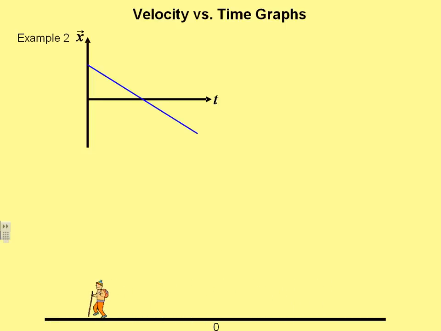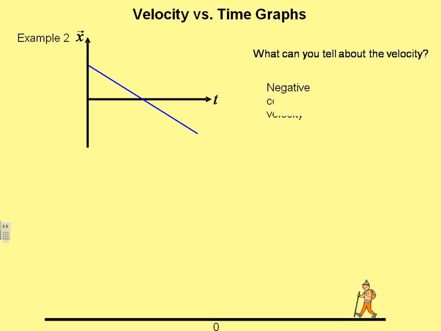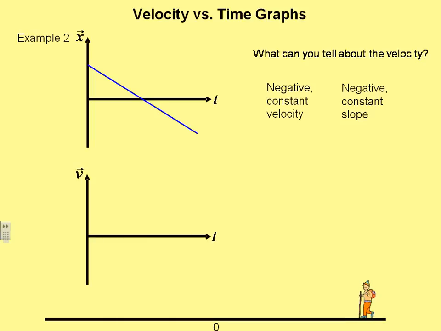So as we talked about a moment ago, we can say several things about the velocity that you can see on this graph. It's negative and it's constant. And how do we know that? Because again, the velocity is the slope of a graph of position versus time. And this slope is negative and constant. On a graph of velocity versus time then, a negative constant velocity would again be a horizontal line, but this time below the time axis, which is negative.